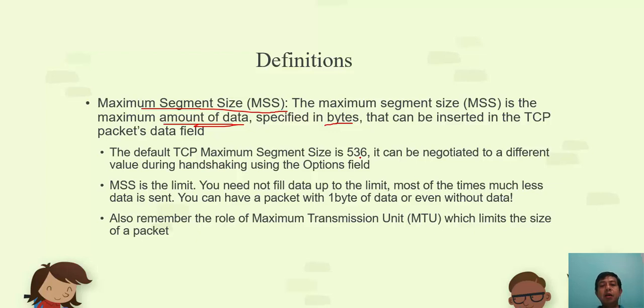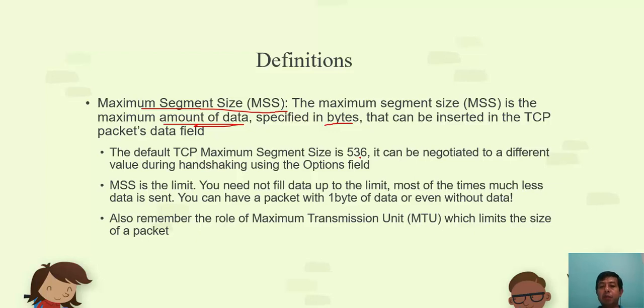That means if say 1000 bytes of data come from my application layer, because the default maximum segment size is 536, I cannot place all the data in one single packet. In this case, I have to divide the data into two packets. One packet will contain 536 bytes, the other packet will contain the remaining bytes.